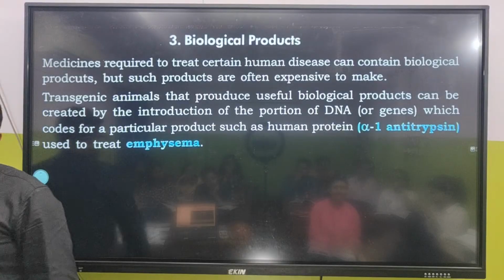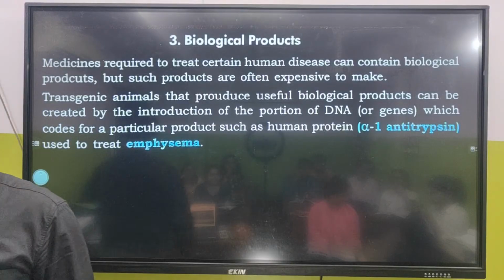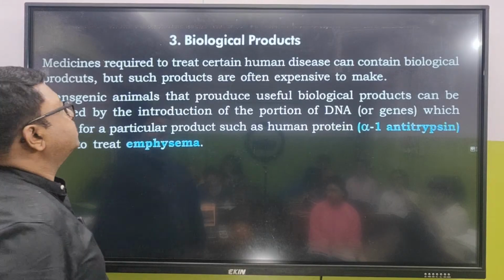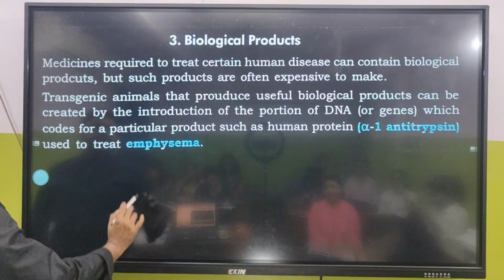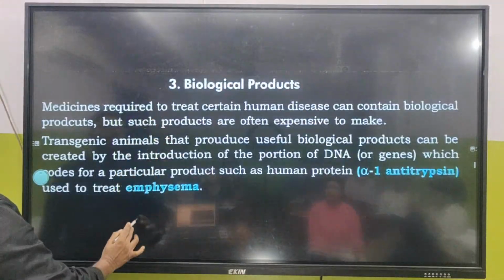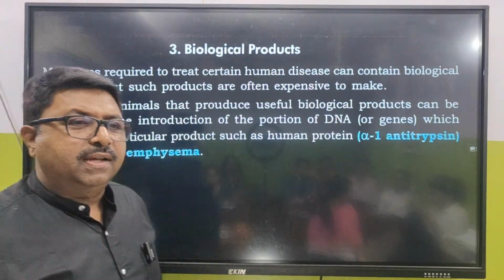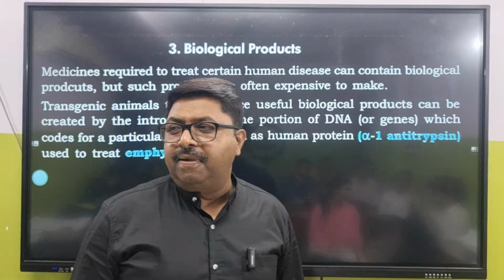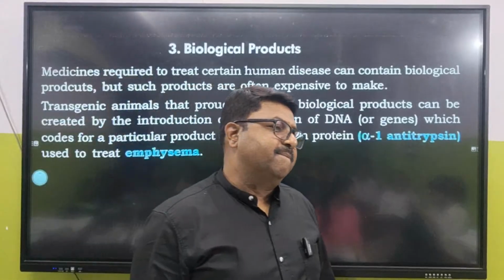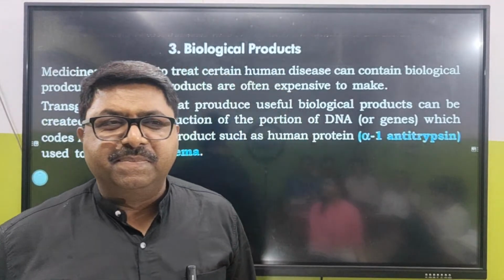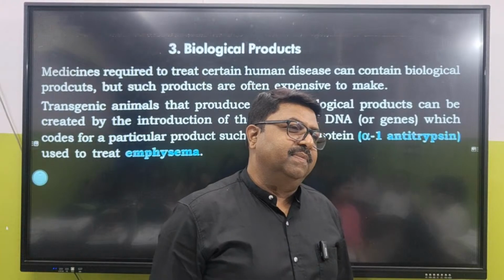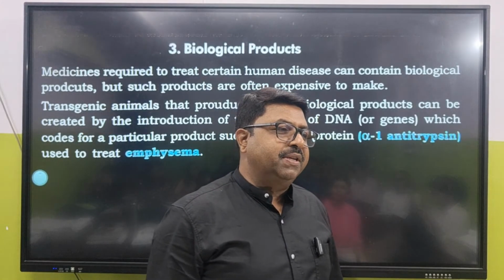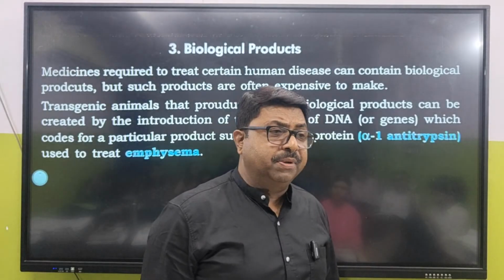Dopamine is also a neurotransmitter. Acetylcholine is also a neurotransmitter.